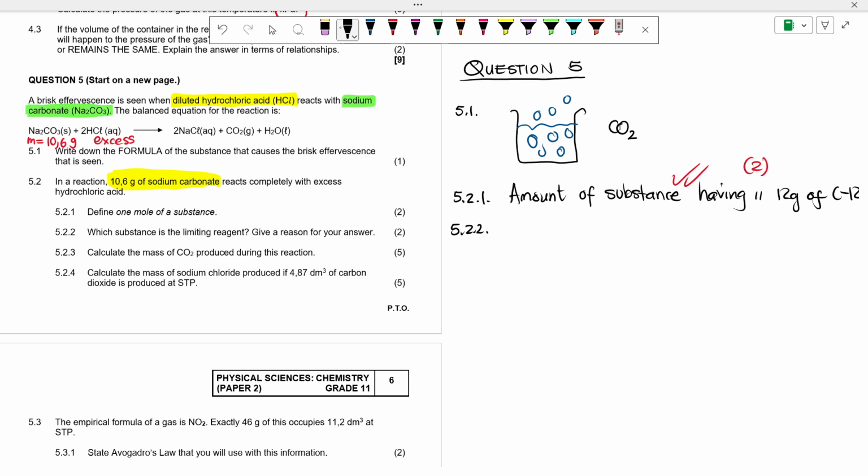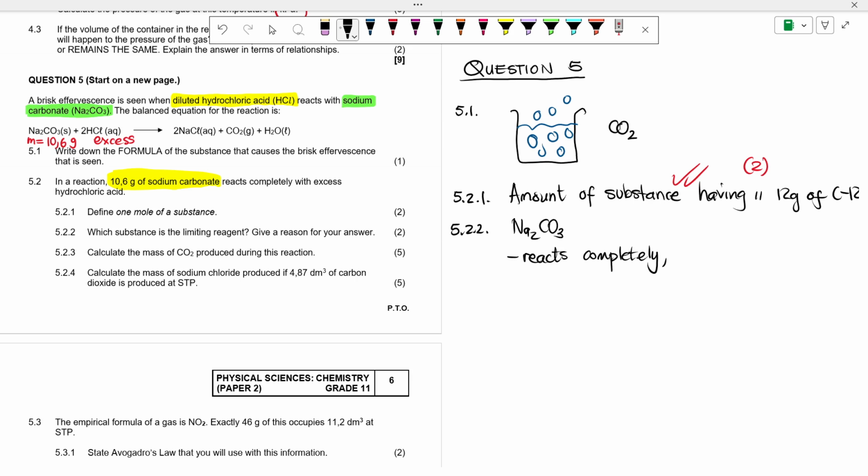Which substance is the limiting reagent? Give a reason. Okay, we said it was Na2CO3, but what is the reason for that? Because we were told that it reacts completely. Okay, they said it reacts completely. What other thing can we say?